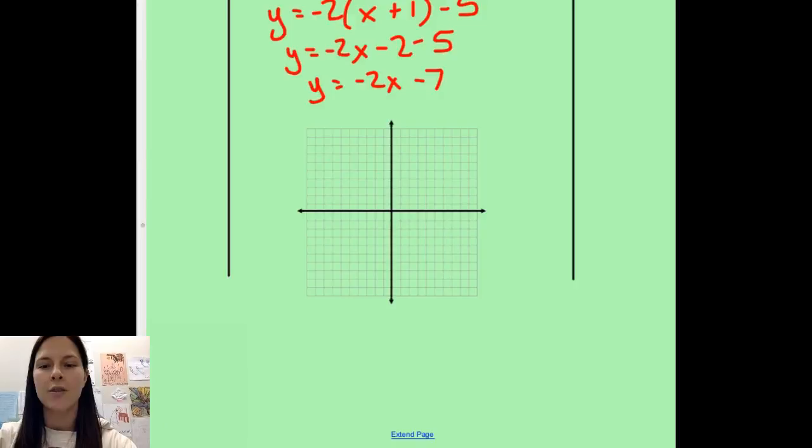Graphing both of these on a coordinate plane, our y-intercept is -7, so we're going to go down 7 on the y-axis, and our slope is negative, which means our line should fall. We're going to go down 2 and to the right 1, or up 2 and left 1.